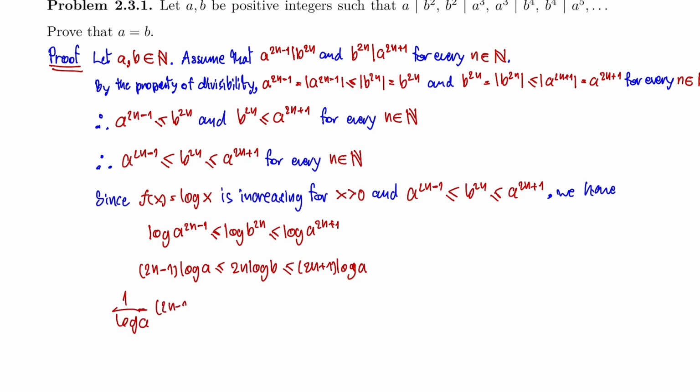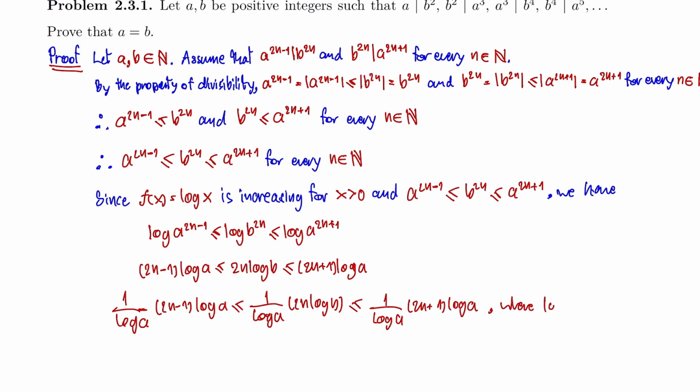2n minus 1 log a less than or equal to 2n log b less than or equal to 2n plus 1 log a, each multiplied by 1 over log a, where log a is not 0.